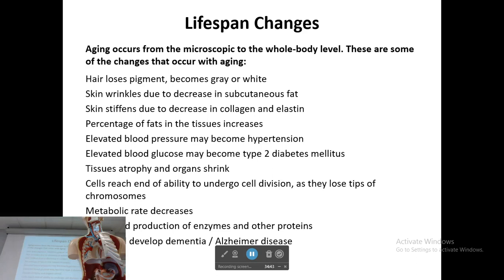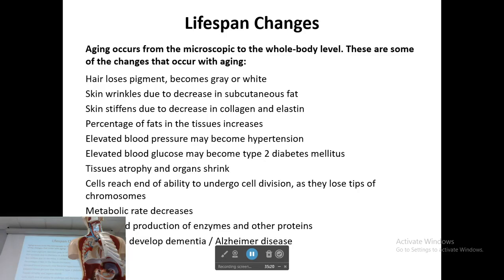All right, some different lifespan changes. It's always important to think about how we have changes throughout our lives. So we'll look at what happens with babies and young children, and then adolescents, and then as you continue on through life and get to the elderly. And so some of those changes, of course, hair loss, changes in color of the hair, reduction in fat, subcutaneous fat under the skin.